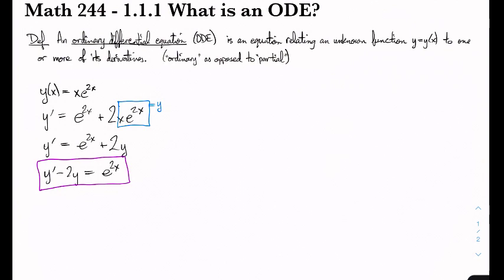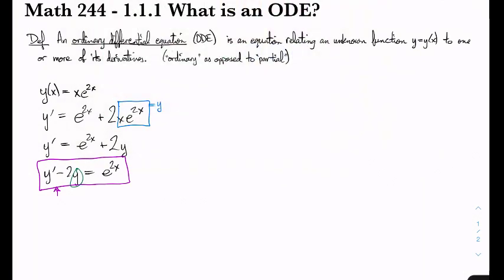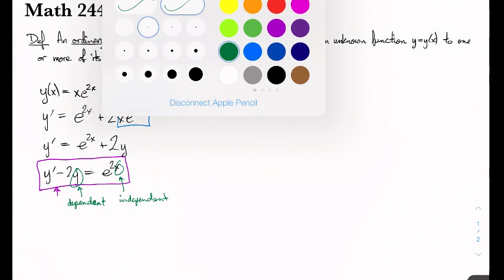The unknown function y appears on the left-hand side, and so we would consider y to be the dependent variable. And then x on the other side here is going to be the independent variable. That's just because y is a function of x, so y depends on x.